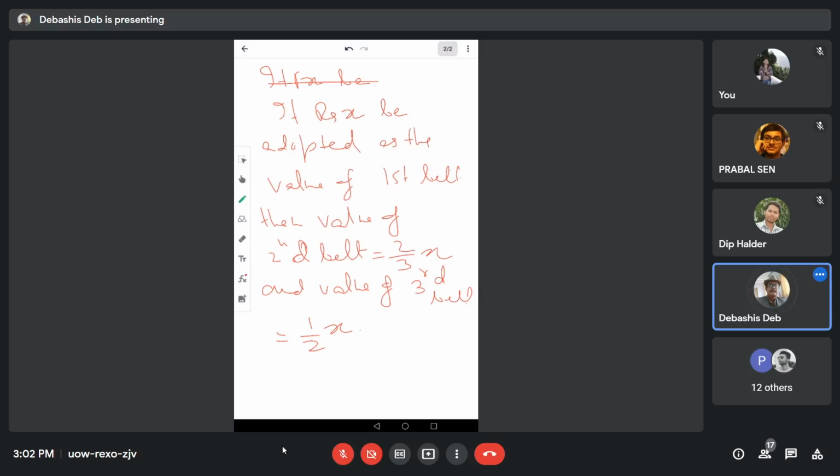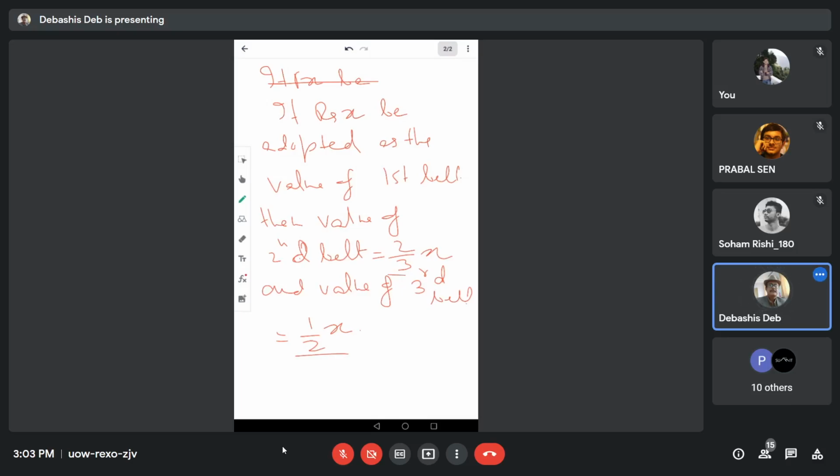Now one thing, in your exam, you can consider this if nothing is mentioned. But sometimes it may be mentioned that the value of the second belt may be considered as half the value of the first belt. In that case, you straightaway adopt the value of the second belt as half x. If nothing is mentioned, you can assume the value of the first belt is x, second belt 2/3 x, third belt half x.